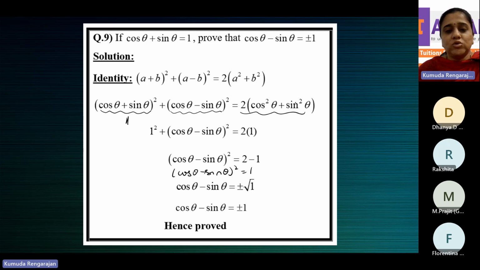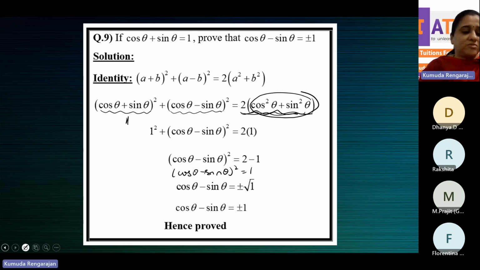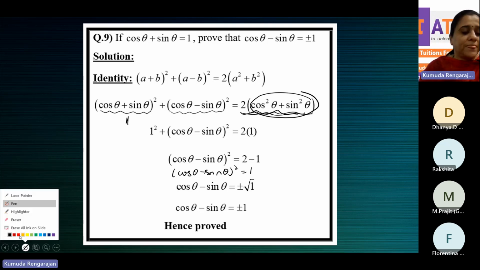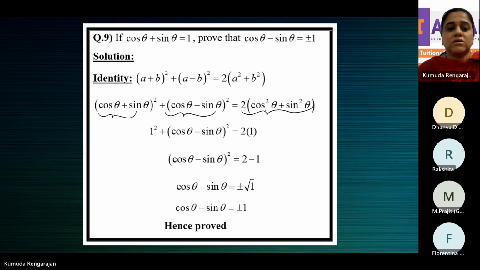On this side, just compare using 4ab and using 2 of (a square plus b square). This also you will find the value; this value is 1. We have 3 expressions, of which you should know 2 of them. We have to find this one, so you need to know the value of this.